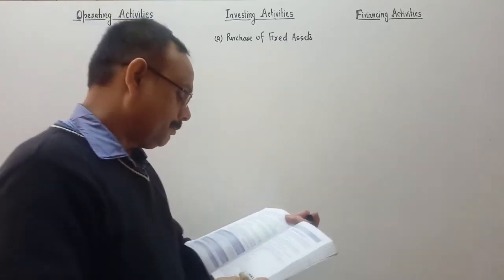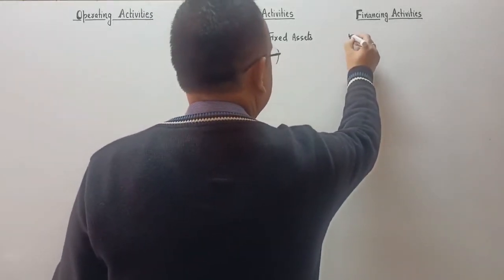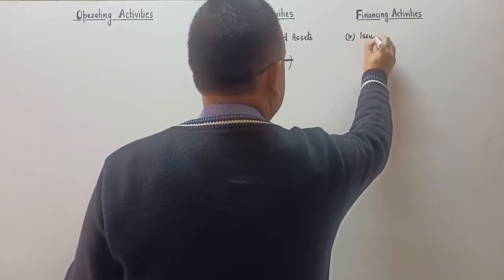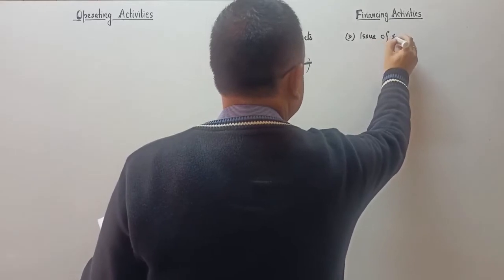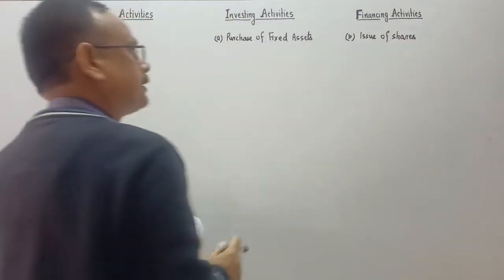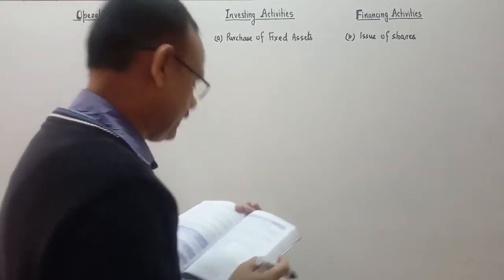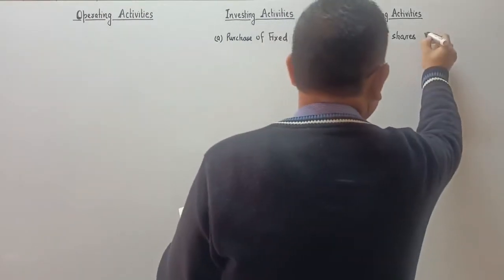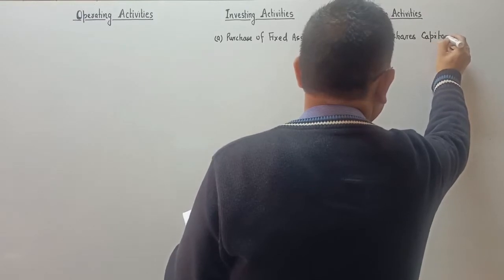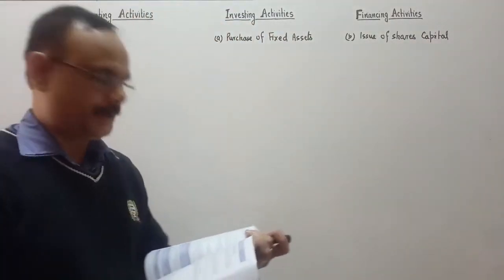So issue of shares, B, will be under the financing activity. Issue of share capital comes under financing activity.